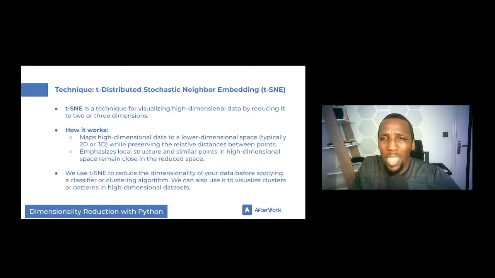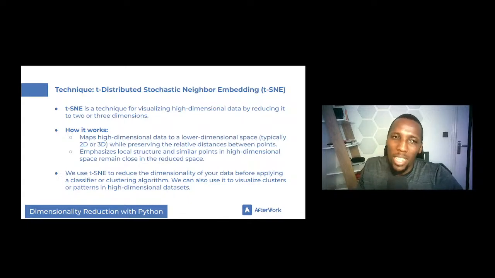So the other technique that we're going to learn, it's a dimensionality reduction technique, but we don't use it to reduce the data set into a smaller data set. Normally, we use this technique to visualize high dimensional data in a lower dimensional space.